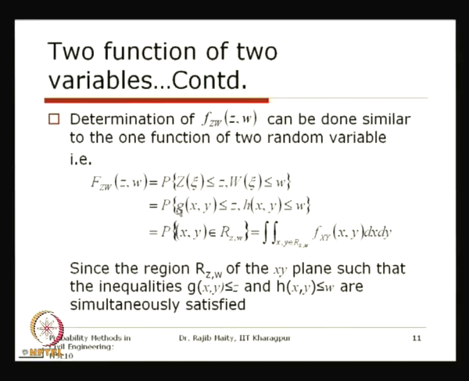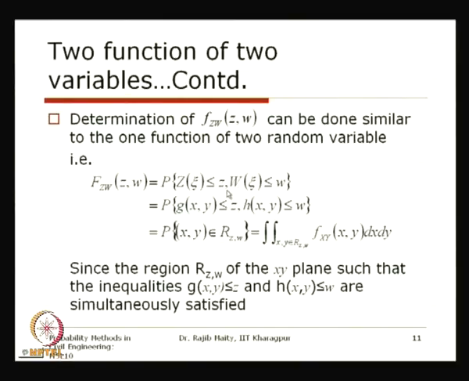Now, the determination of this joint density f_ZW can be done similarly to the one function of two random variables, keeping the fundamental concept the same. We can express their cumulative distribution, F_ZW(z,w), as the probability that Z for a specific outcome in the sample space is less than or equal to z, and W is less than or equal to w.